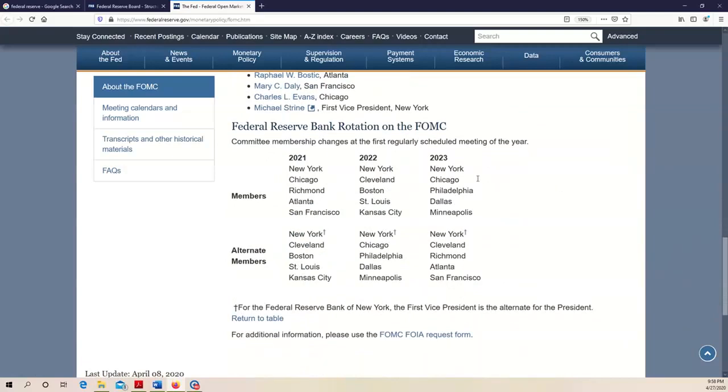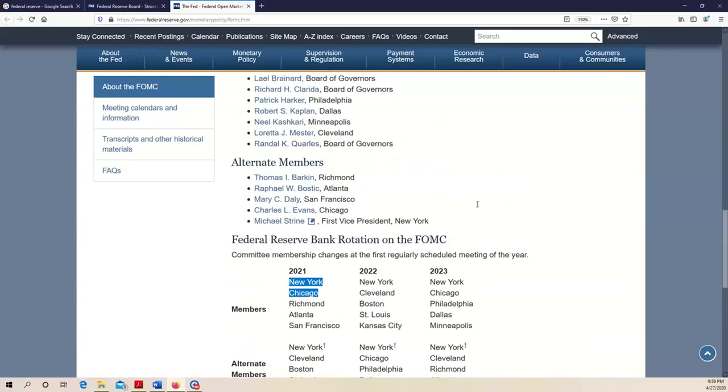Here we can see the bank rotation schedule: which regional bank presidents are going to serve on the Federal Open Market Committee to make important decisions regarding money supply in the United States.